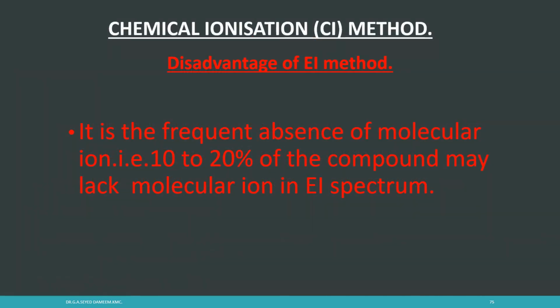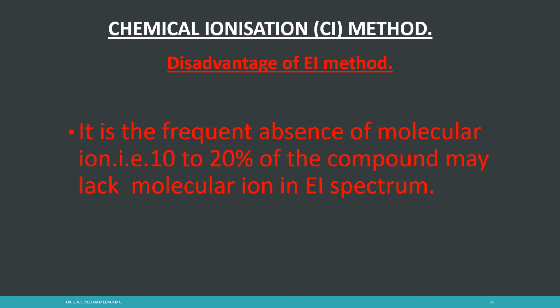Next topic, CI method. So far we have discussed the electron impact method. In the electron impact method there are some disadvantages, and the disadvantage is the frequent absence of the molecular ion. About 10 to 20% of organic compounds may lack a molecular ion in EI spectra. This lack of molecular ion peak is due to instability of the molecular ion.